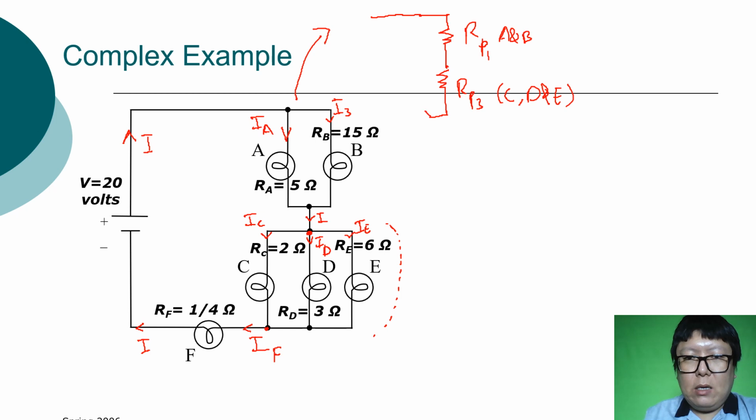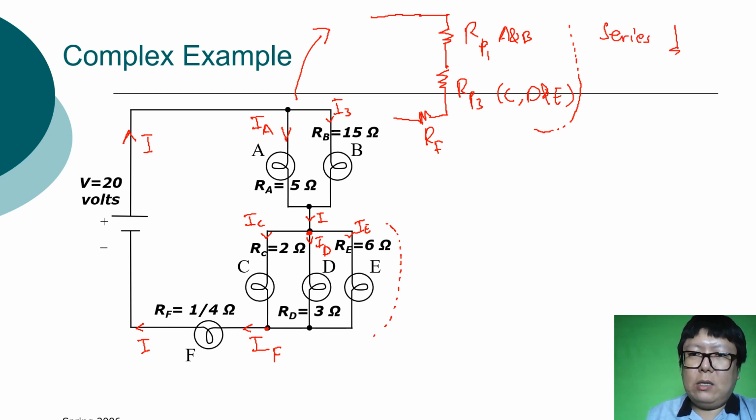Then the last one is RF. Then this all is series, right? Series. So later the R total is in series.